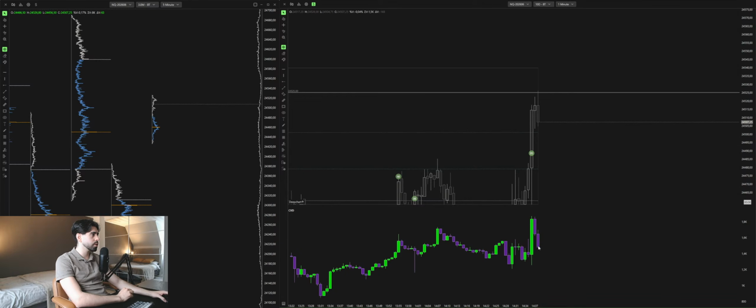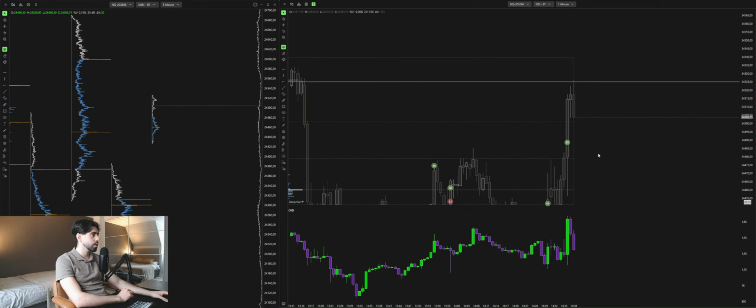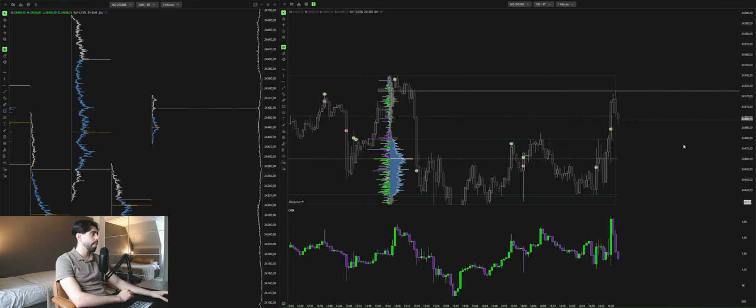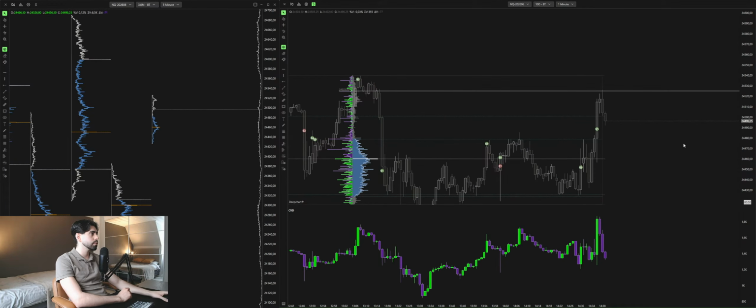Pressure from, look how much sellers are pushing. Selling soon, lots of sell delta on that. Sellers absorbing the buyers. Bullish session per favor.